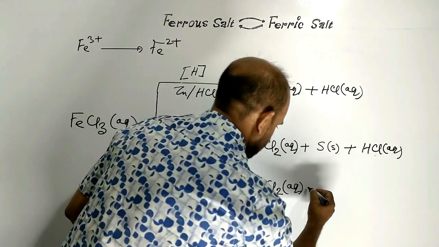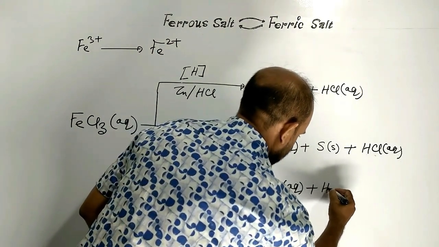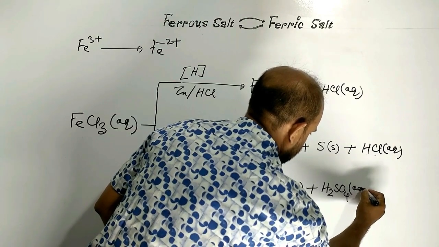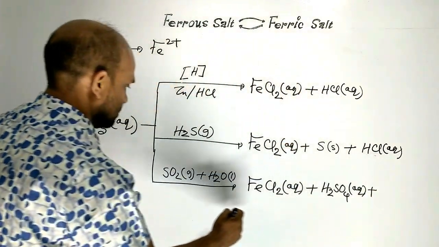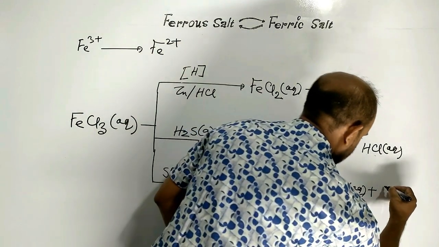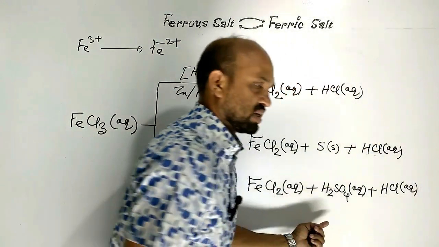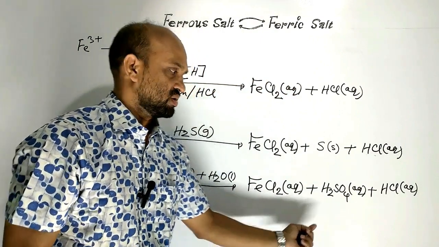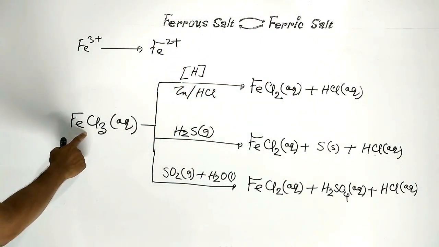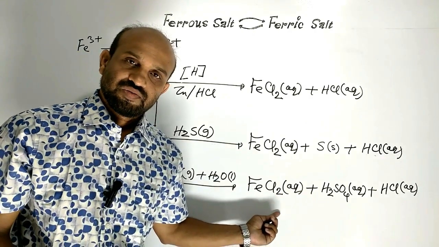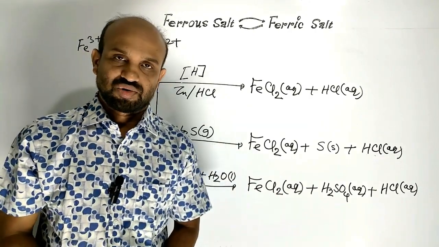Here, byproducts are sulfuric acid and hydrochloric acid. In this way, ferric chloride or iron 3 chloride is converted to ferrous chloride or iron 2 chloride.